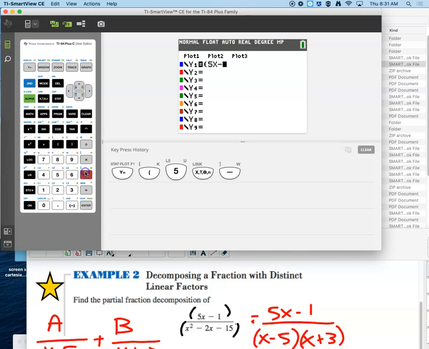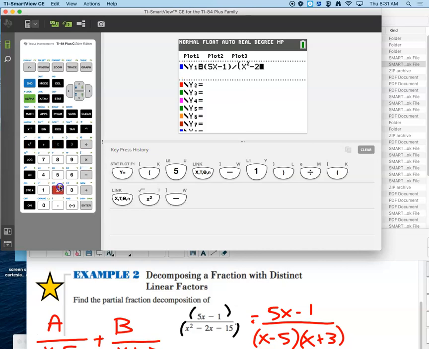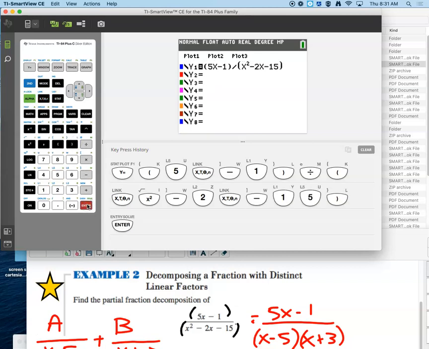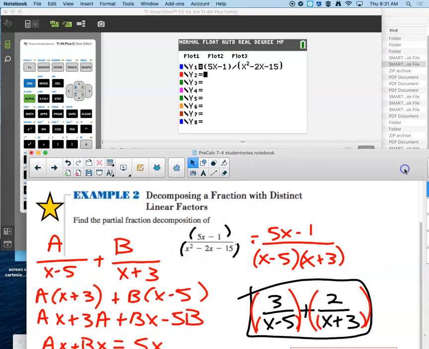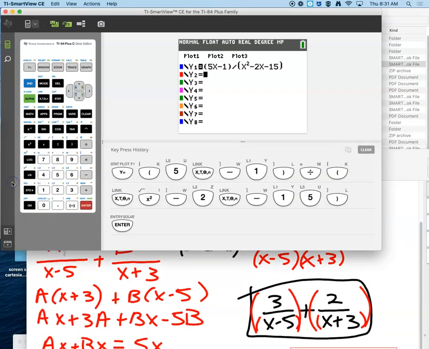We've got 5x minus 1 in parentheses divided by x squared minus 2x minus 15. And then let me move this up a little so we can see our answer.